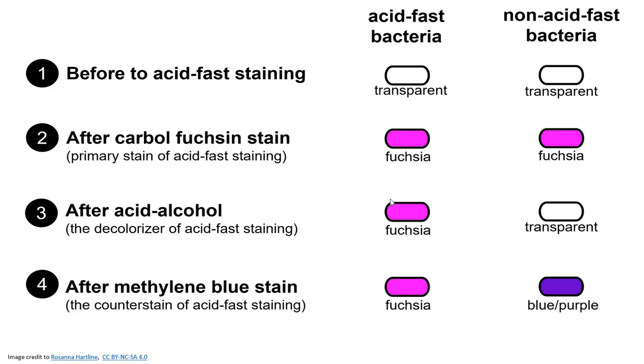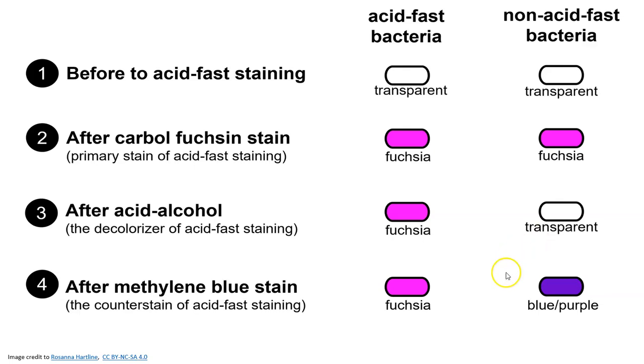Their waxy cell walls allow them to hold on to the carbol fuchsin pink dye so that they remain that primary color. However, acid-fast negative bacteria do not have the waxy cell wall, so when you rinse them with the acid alcohol, they get stripped of the carbol fuchsin color and are temporarily colorless.